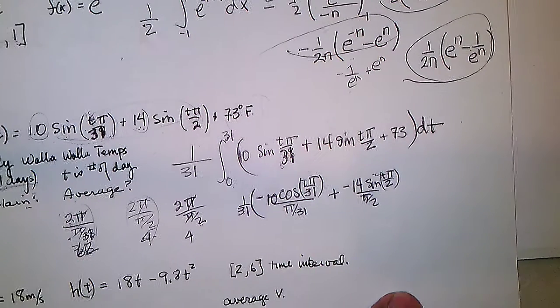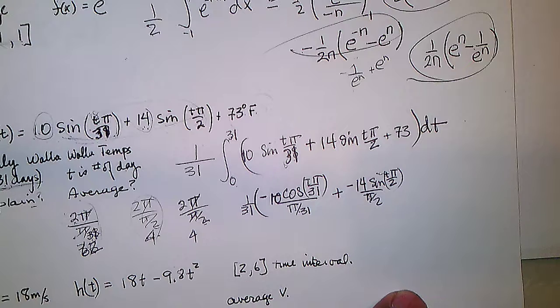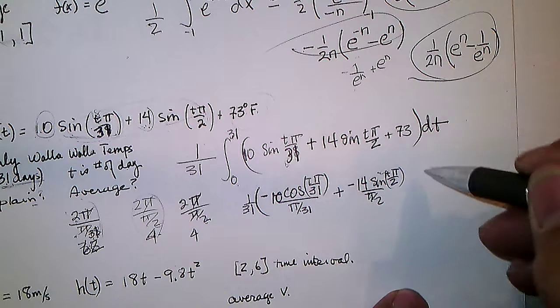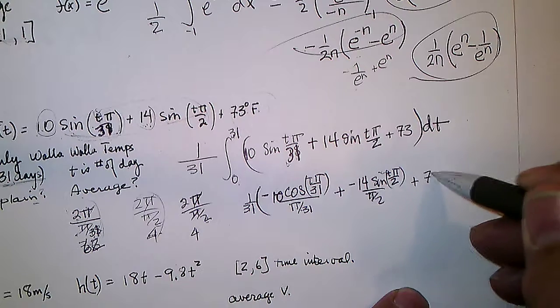And then we're going to have an integral of 73, which would be plus 73t.